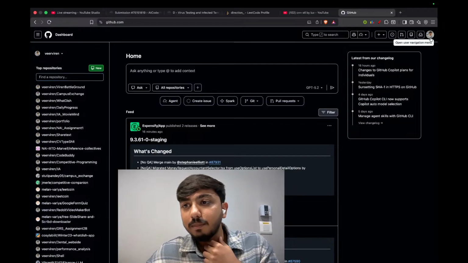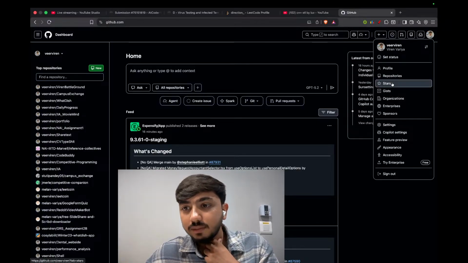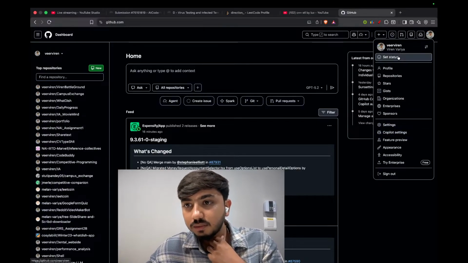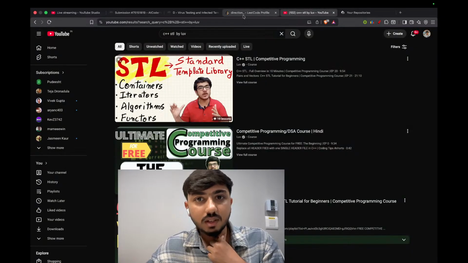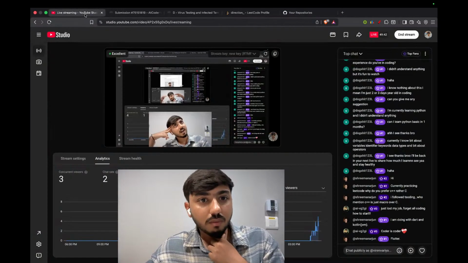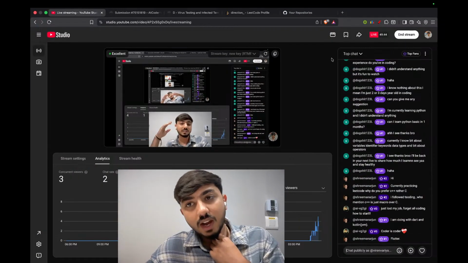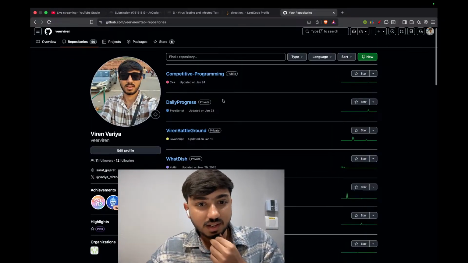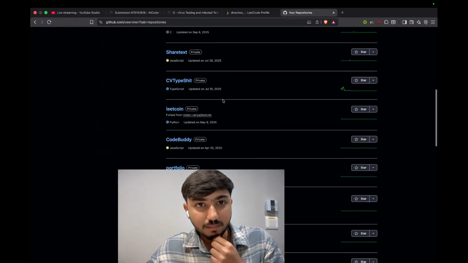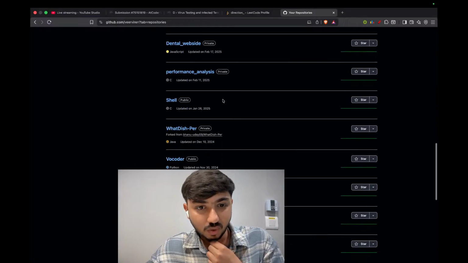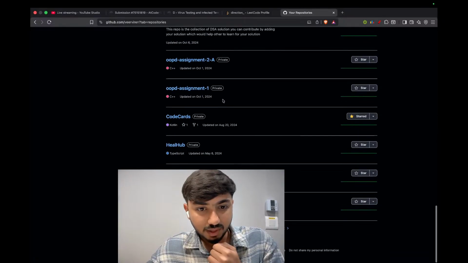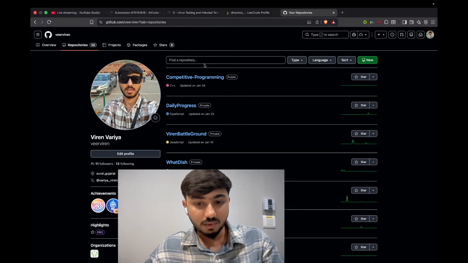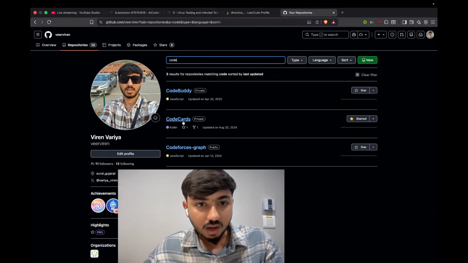I built an application in Kotlin itself. So where is my repo? That's how I got to know about Kotlin. Yeah, I did Flutter development also back in my college days. It's a Codeforces application, a mobile application I built in Kotlin, called CodeCard or something. Yeah, CodeCard.